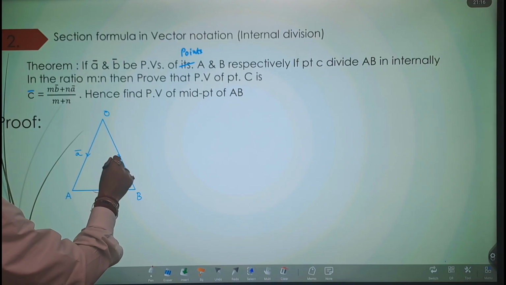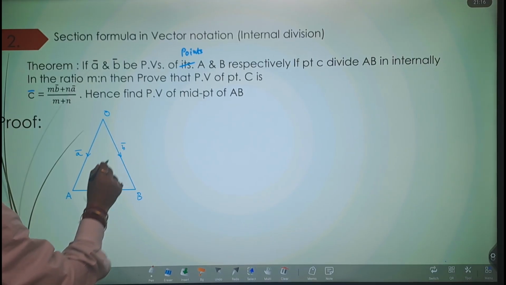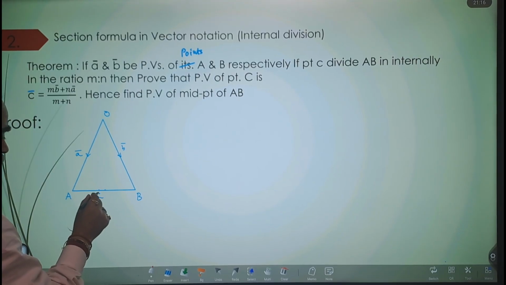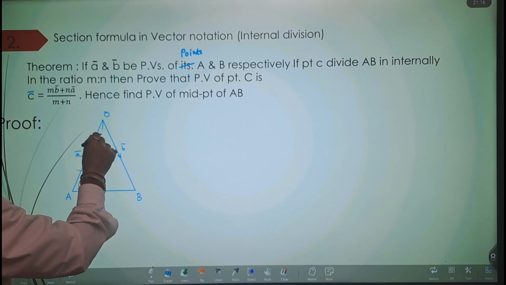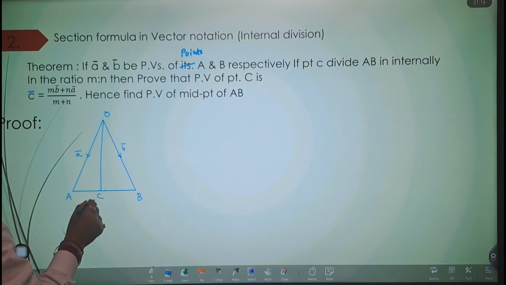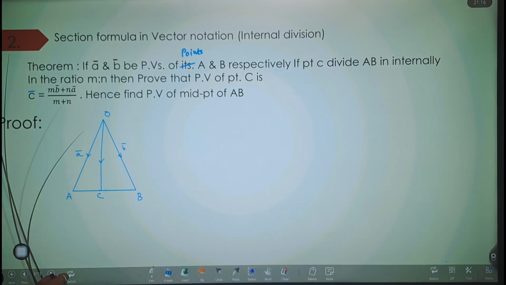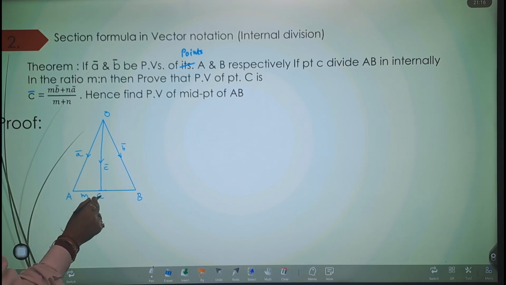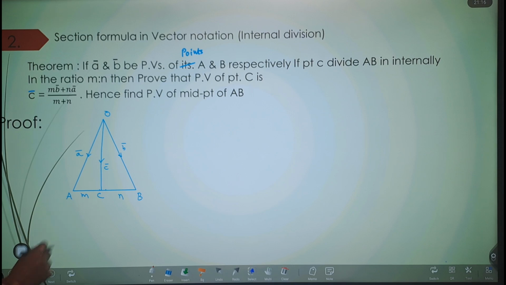OB bar is B bar. And the point C divides AB, position vector of C is what? C bar. AC upon CB is m upon n.